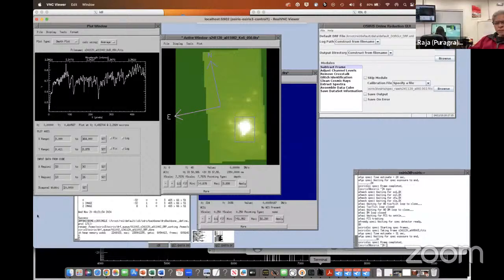Very efficient. But what is amazing to me is how sharp the individual stellar images are, because the dimensions of this box are 1.6 arc seconds by 3.2 arc seconds.